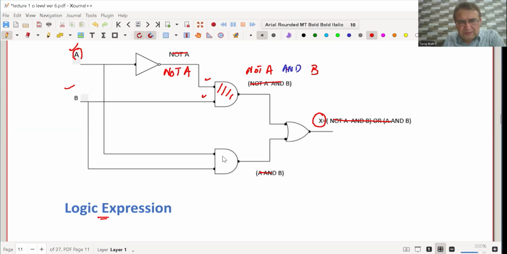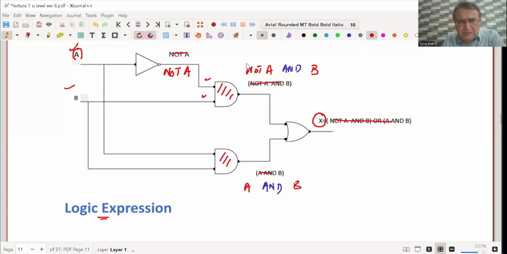Similarly, you do it for this AND gate, where one input is A and the second input is B. So its expression will be A, the first input, and then the second input, which is B. So this is the logic expression for this particular gate.